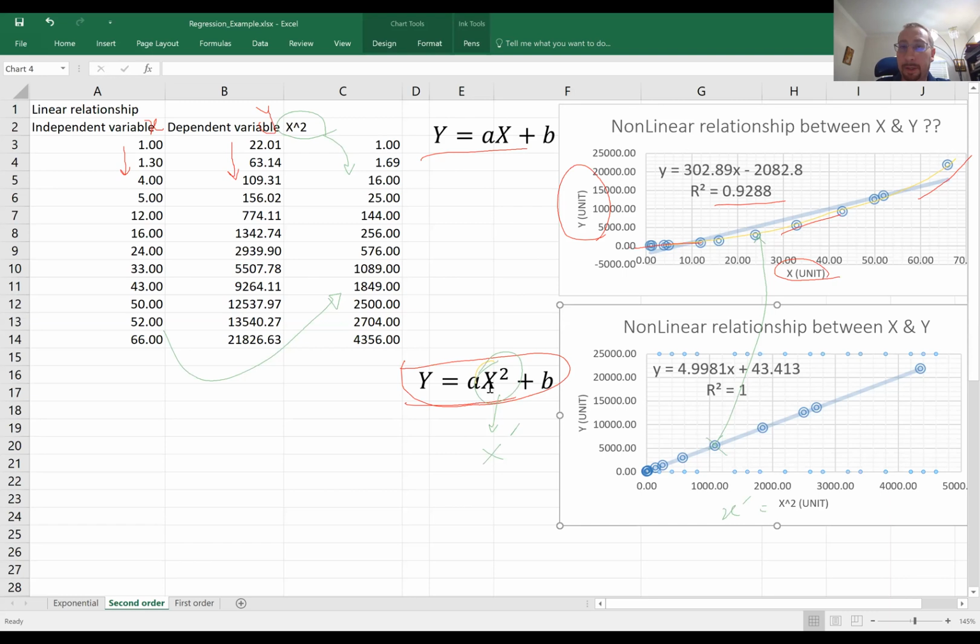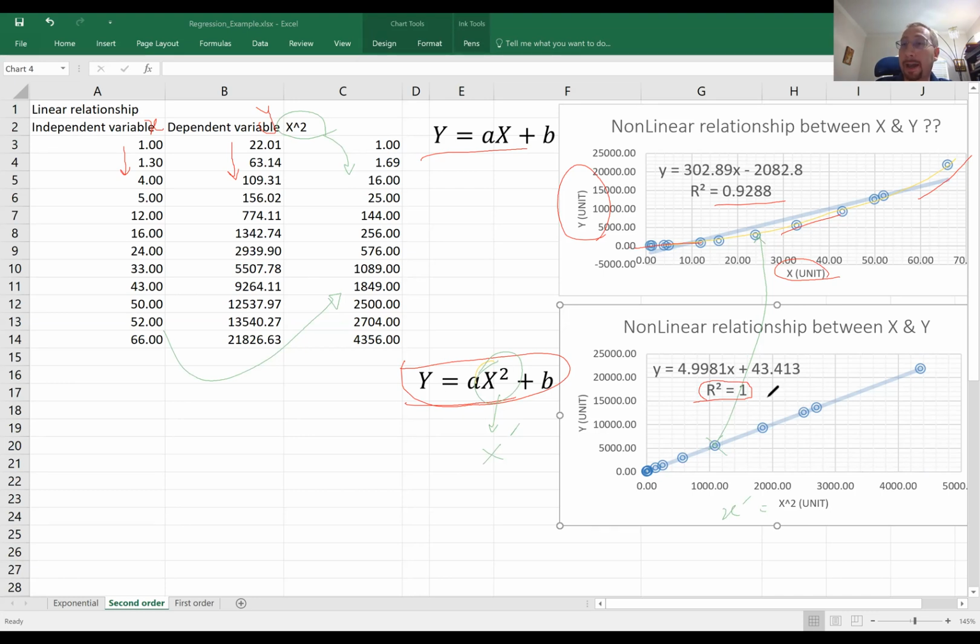So now when I plot Y as a function of X squared, I realize that R squared is actually 1.